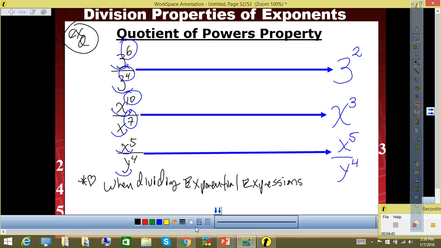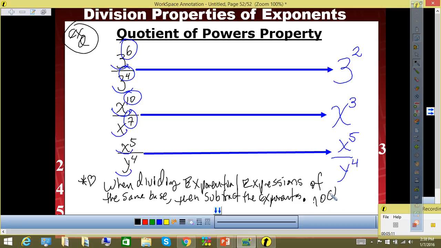When dividing exponential expressions of the same base, comma, then subtract the exponents. Period. Thank you. Bam. Anissa in the house.